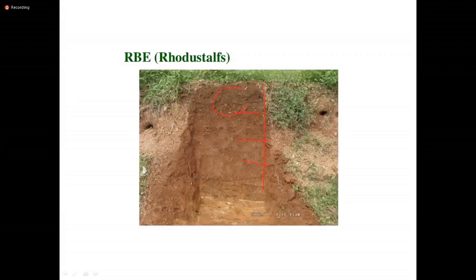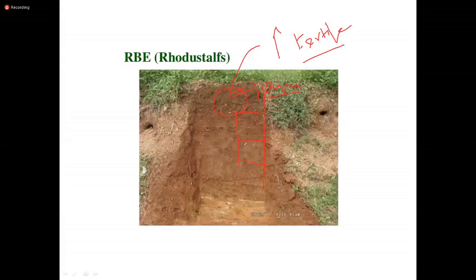So this is topsoil, up to 30 centimeters. That is good for crop production. Topsoil always has high fertility. That is fertile soil. For crop growth and development, topsoil is very important.